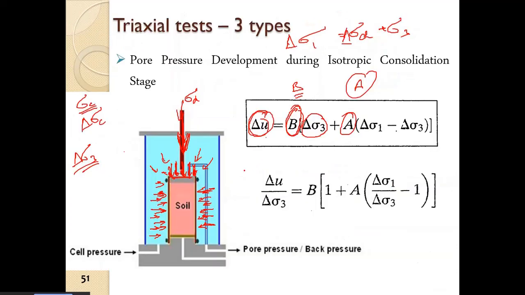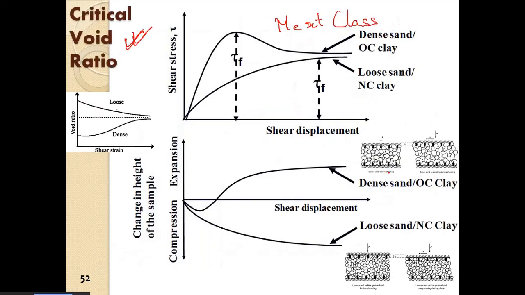So before going on to the behavior, how the pore pressure will develop, what will be the changes in the pore pressure, all right? If drainage is allowed, what will be the drainage condition? So before going into that, we have to discuss what the critical void ratio is. In our undergraduate courses, we have known that we generally define soil into two states.